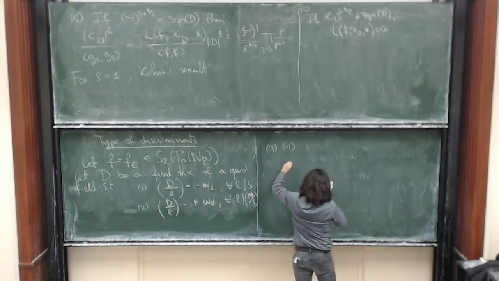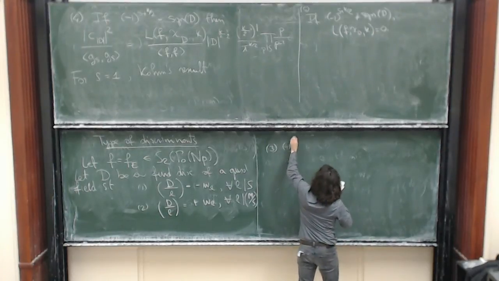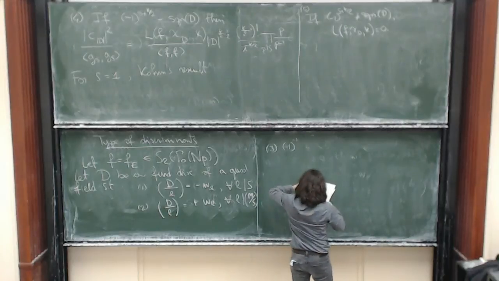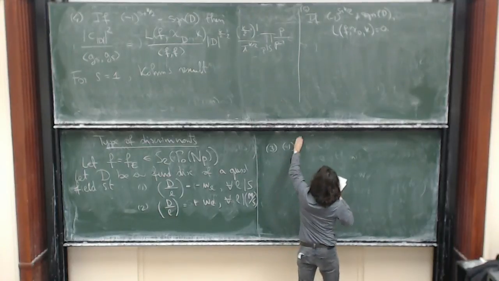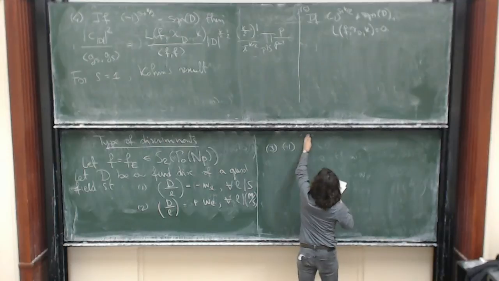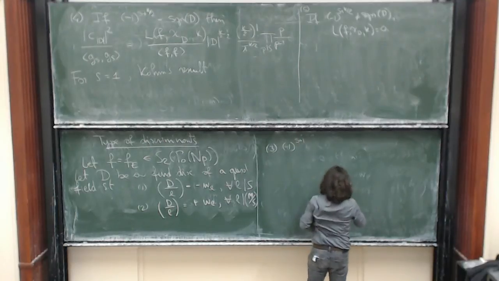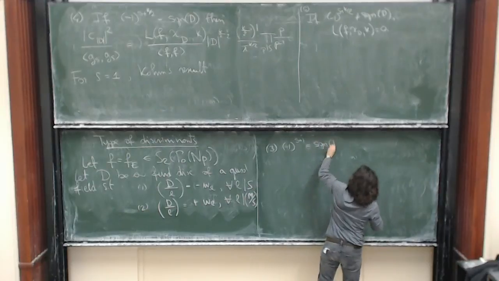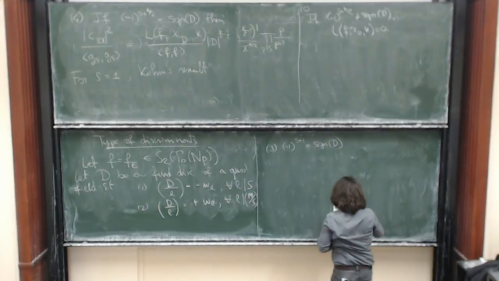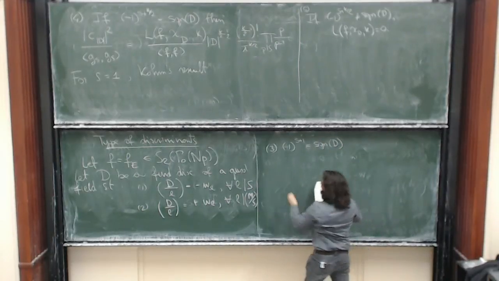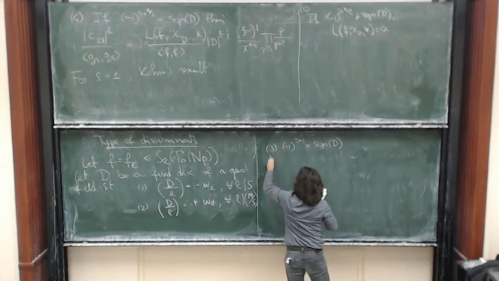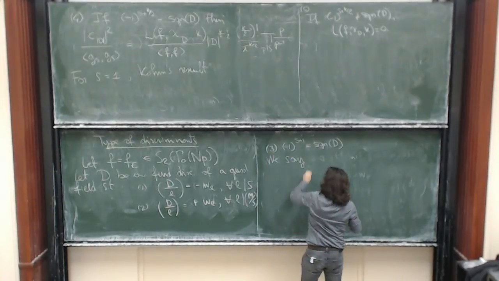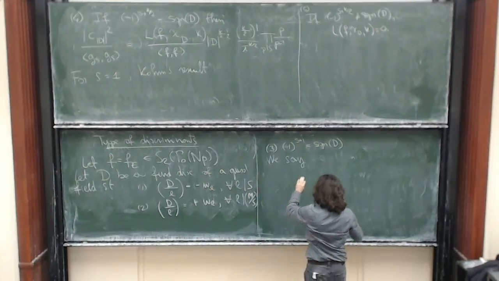So minus 1 to the S plus 1 will be equal to the sign of the discriminant D. And now we divide these discriminants into two categories.